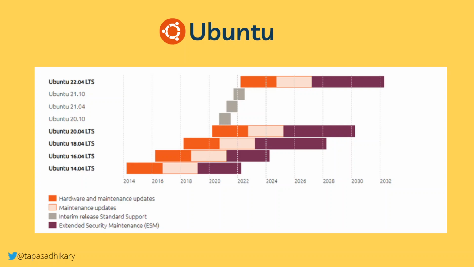That's when you see the .04 in the version name of LTS, like 18.04, 20.04. The upcoming one is 22.04, after 2 years in the month of April. For today's installation of Node.js on Ubuntu, we are going to use Ubuntu version 20.04 LTS, which is a stable, already released version.